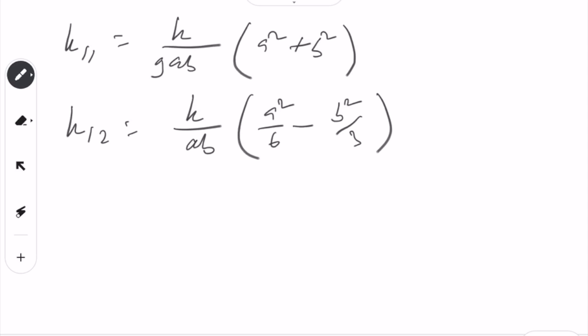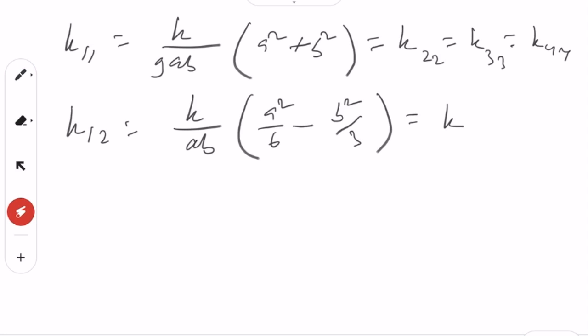So as I said earlier, k22 will be equal to k33 equal to k44, and this will be equal to k11. And k12 equal to k21.